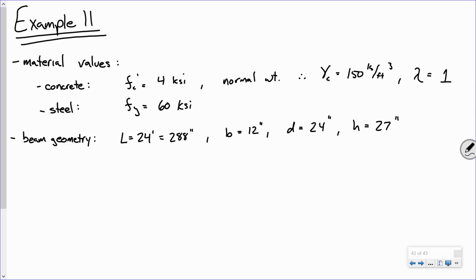Okay. Now, we have number 3 stirrups. So the area of a number 3 bar is 0.11 inches squared. Therefore, the area of shear reinforcement is, I'm getting ahead of myself, 0.22.